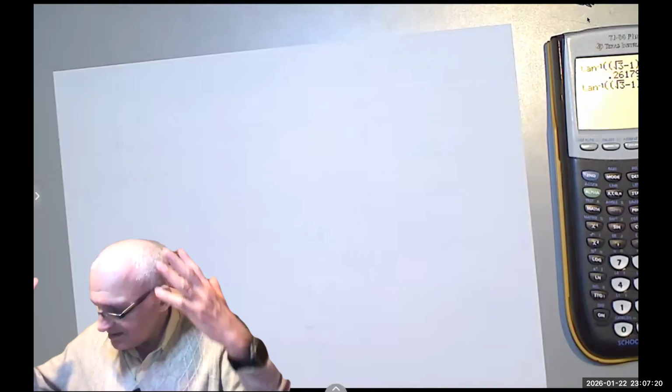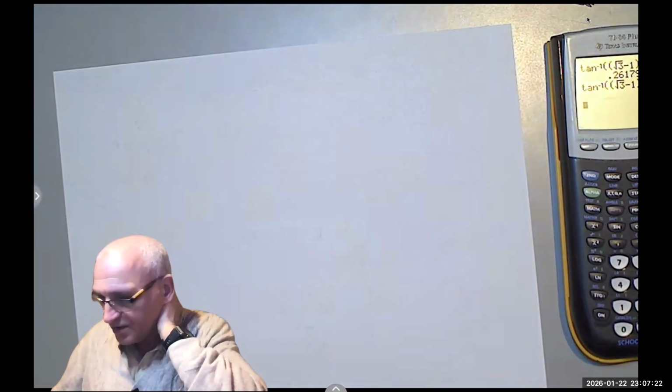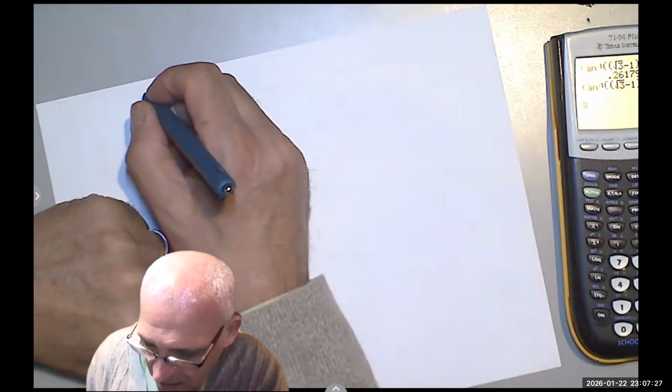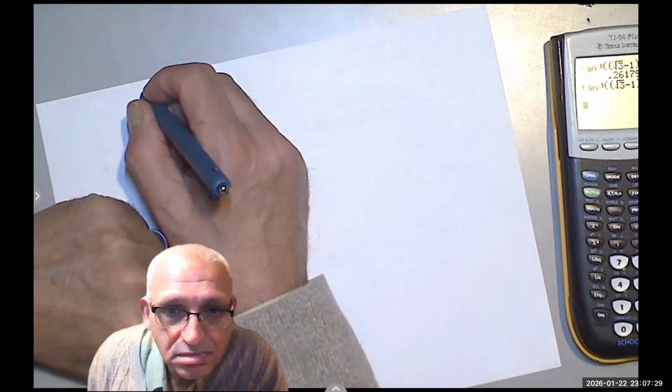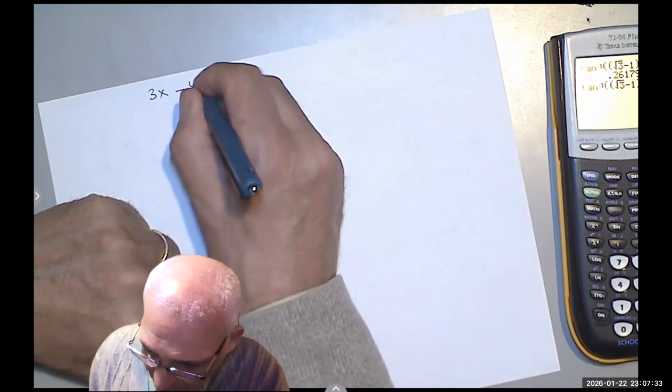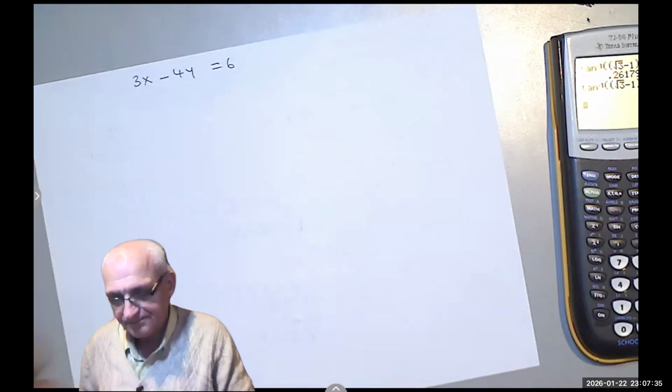Let's say, let's write an equation. For example, 3x minus 4y equals 6.